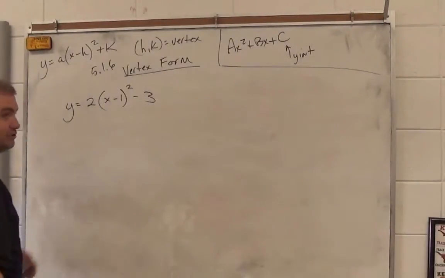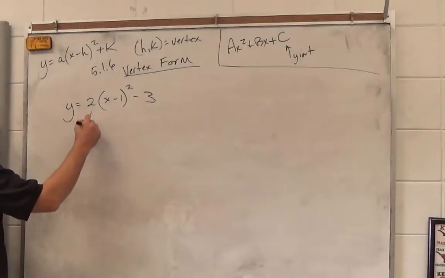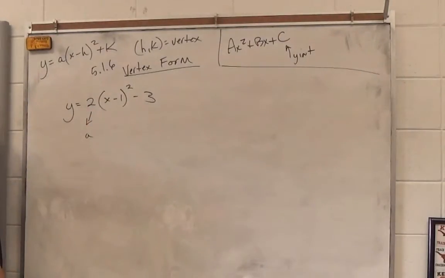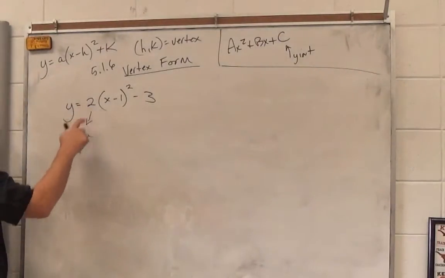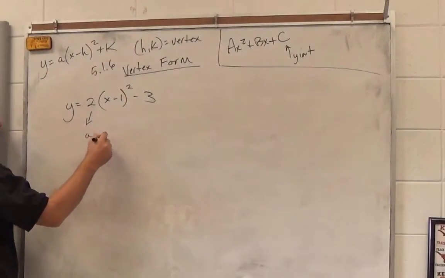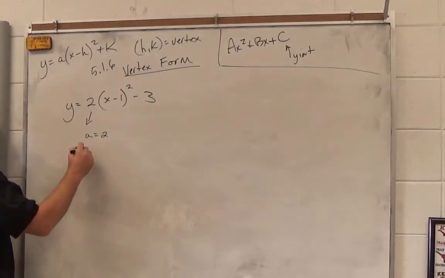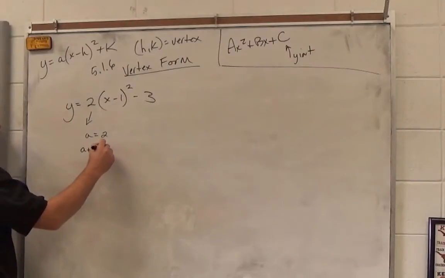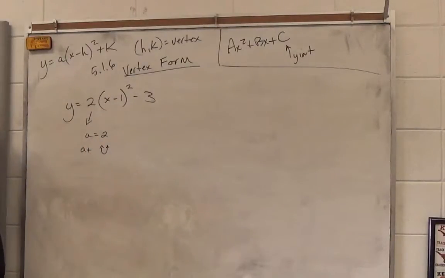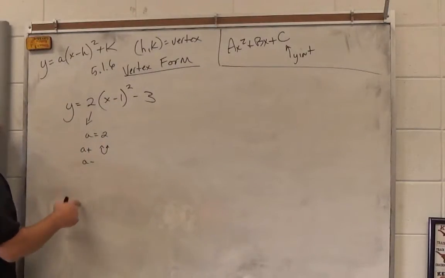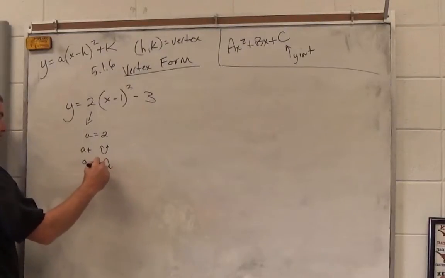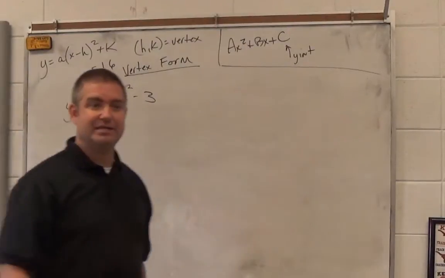There are three major things that it's telling you right off the bat. This number out front is a. So in this case, a equals positive 2. If a is positive, the parabola opens up, just like standard form. If a is negative, the parabola opens down. So you don't have to learn anything new.